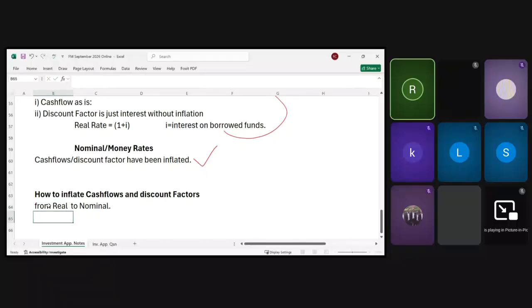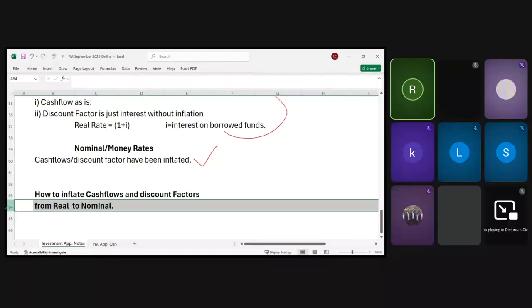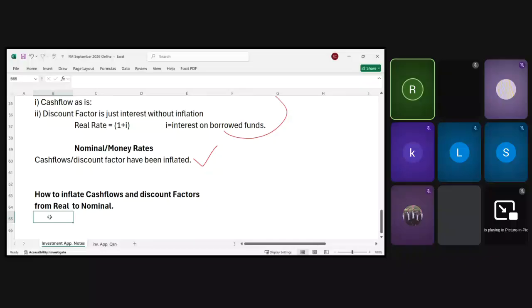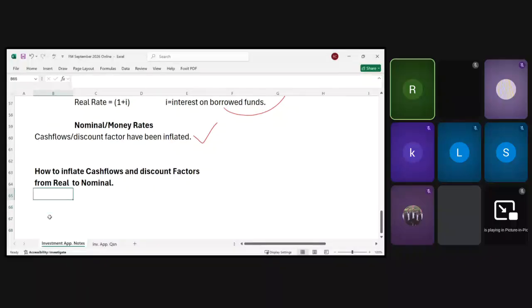Let us start off by looking at cash flows. How to inflate, number one, cash flows. If it is a cash flow, how do we inflate them? Cash flows are inflated using specific rates of inflation. What does that mean?